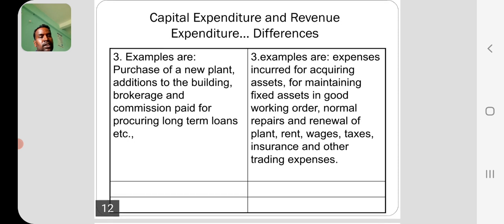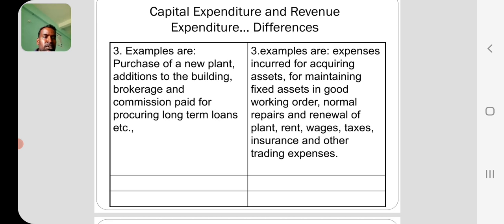Now the third one, examples: purchase of a new plant, additions to the building, means some modifications to the building, brokerage, some commission to be paid, long-term loans come under capital expenditure.